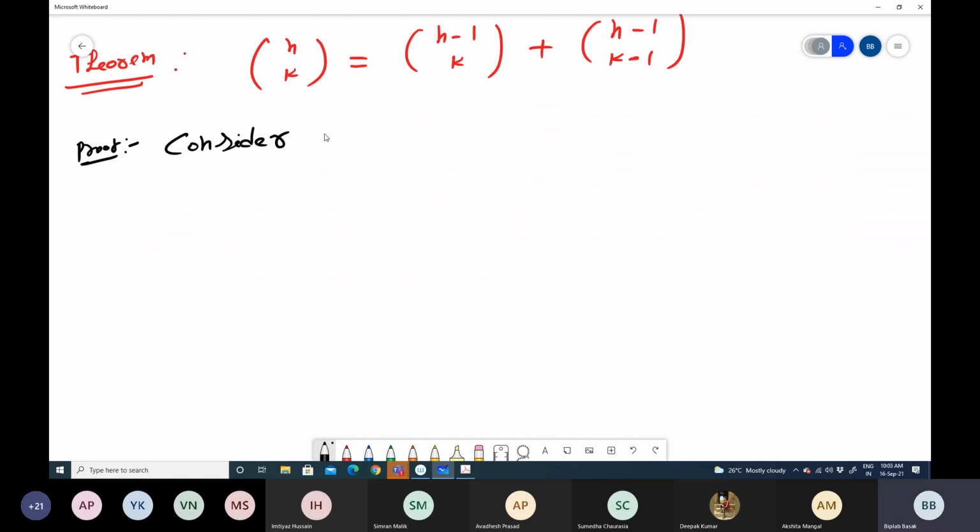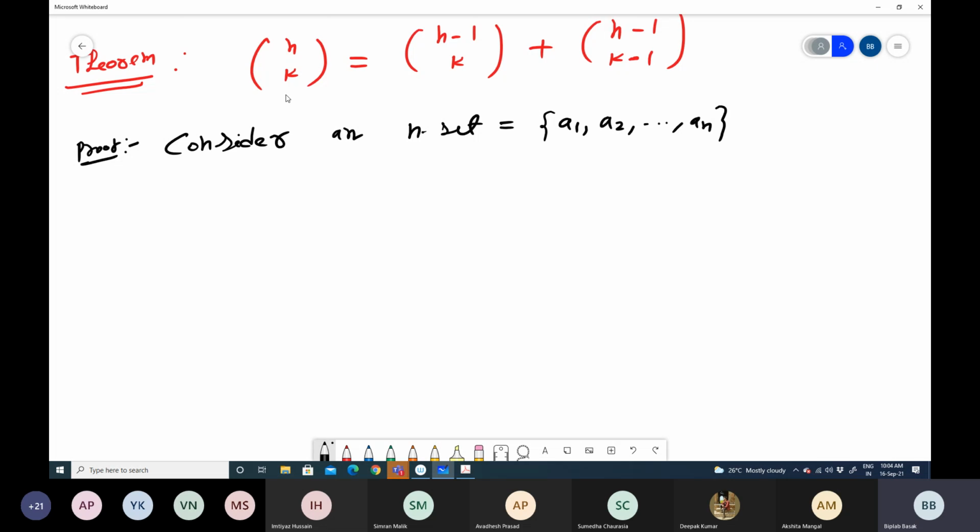So consider an n set. An n set generally means a set with cardinality n. Say a1, a2, up to an. Consider this set. Now what do we mean by nCk?